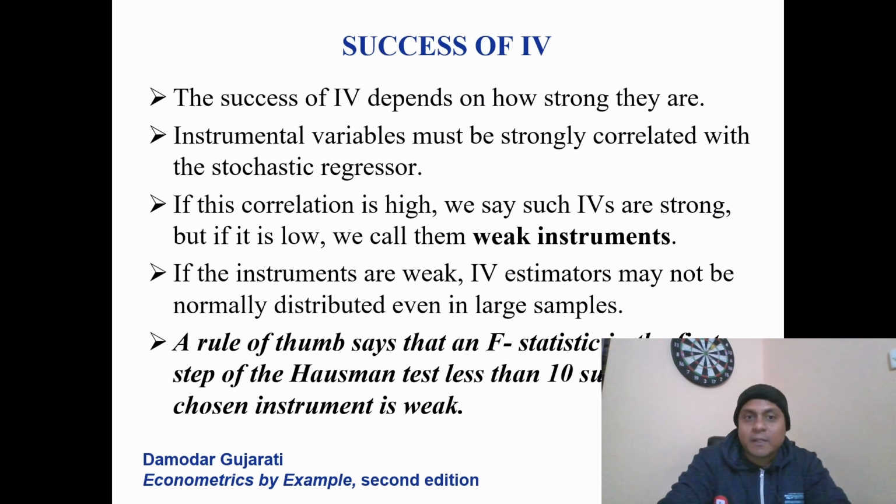So the instrumental or proxy variable must be strongly correlated with the stochastic regressor that you are replacing. If this correlation is high, we say such instrumental variables are strong, but if it is low, then we say weak instruments. As I told you, always consider your context and the theory where you are applying and choosing the right instrumental variable.